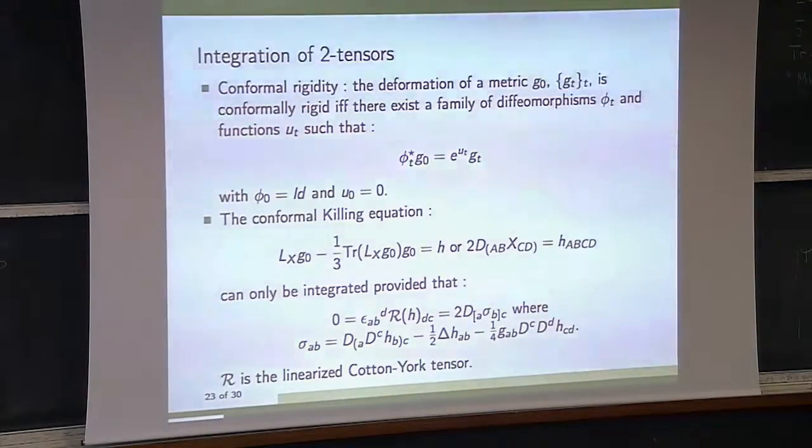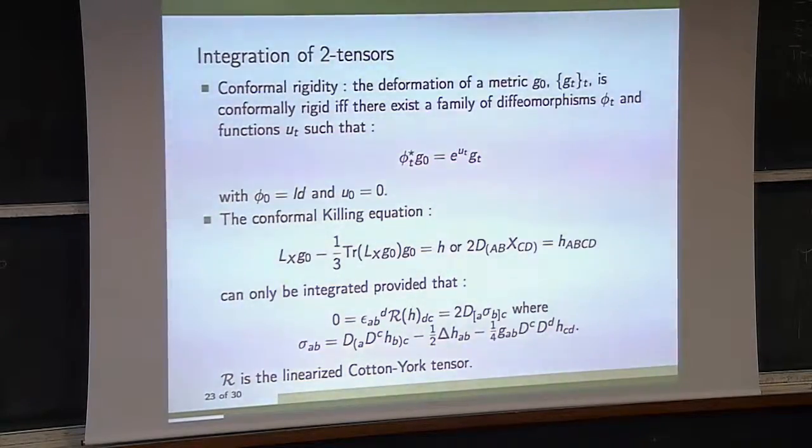Now, if you look at the derivative of this at T equals 0, you obtain some kind of constraint equation. X is the vector field that will generate your family of diffeomorphisms, and H corresponds to the derivative of your metric G_T. And the operator you are seeing on the left-hand side is a well-known operator.